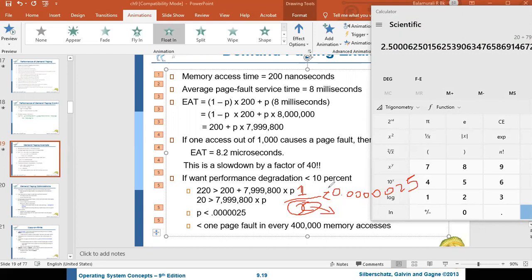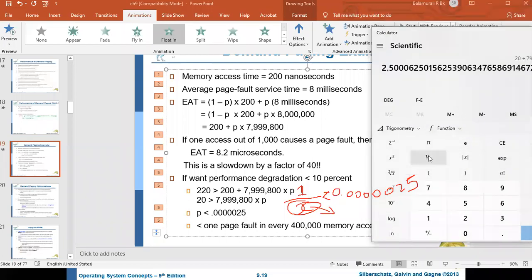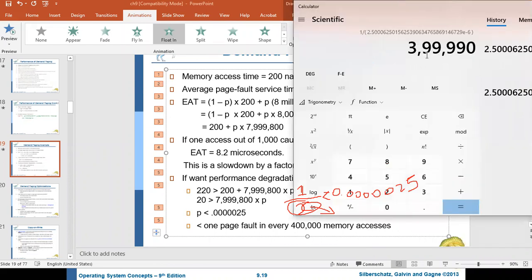So if you bring X to that side, it will be 1 by 0.0000025. If you calculate 1 by that, it is approximately equal to 4 lakh memory accesses. That is, out of 4 lakh memory accesses, one page fault.